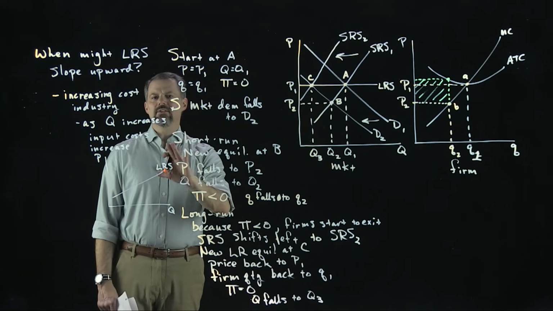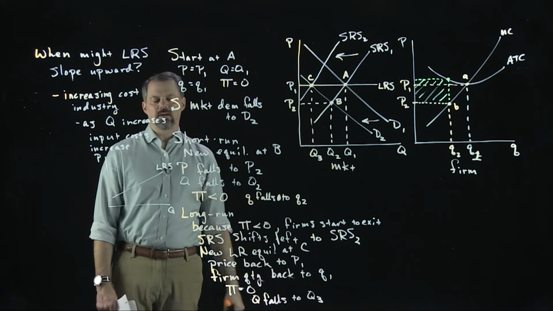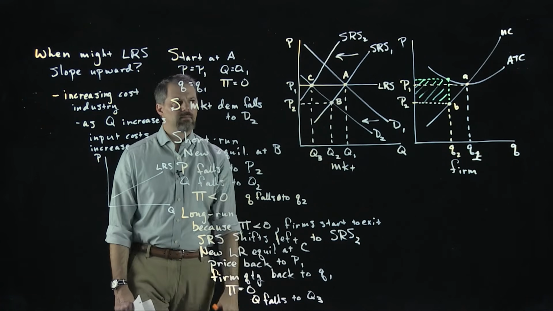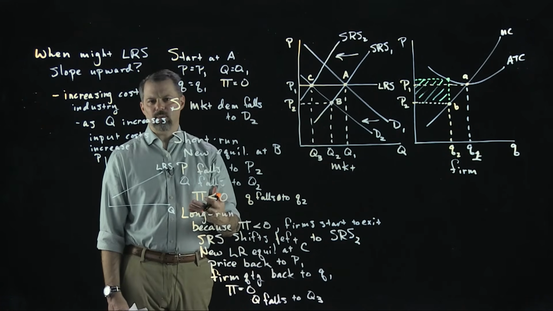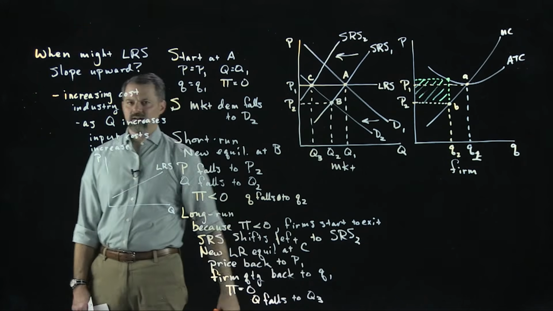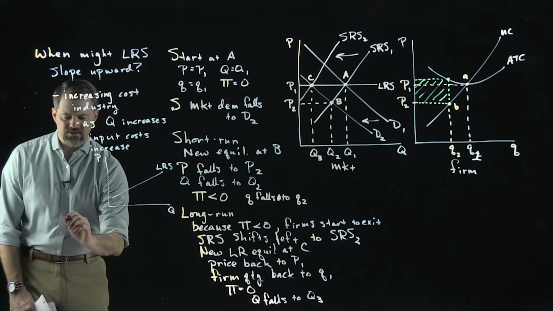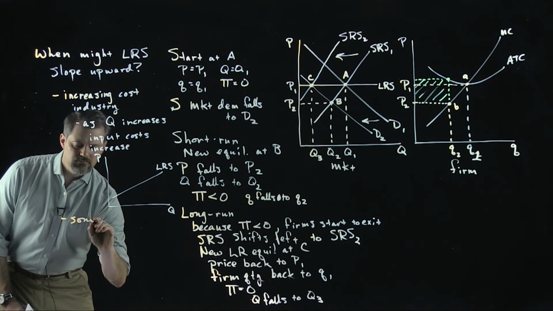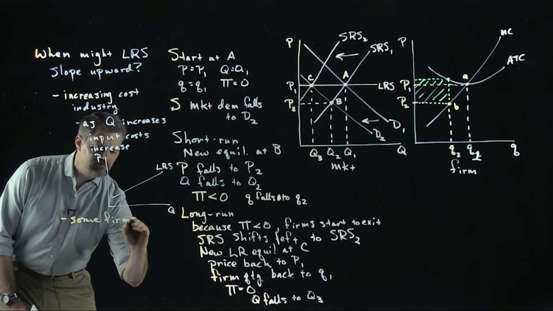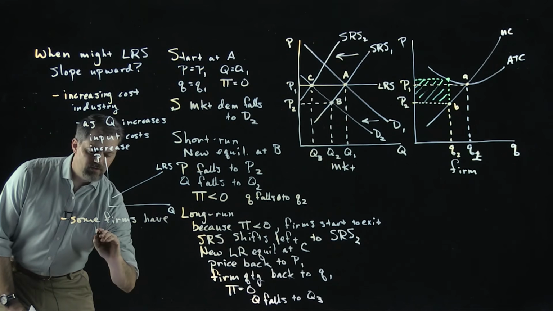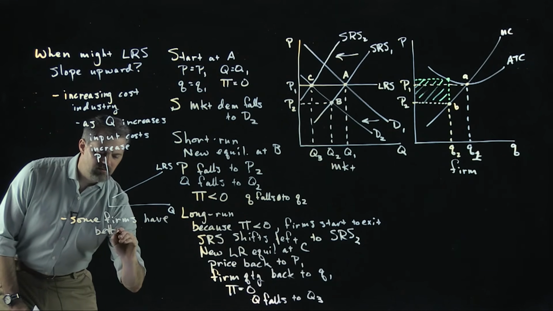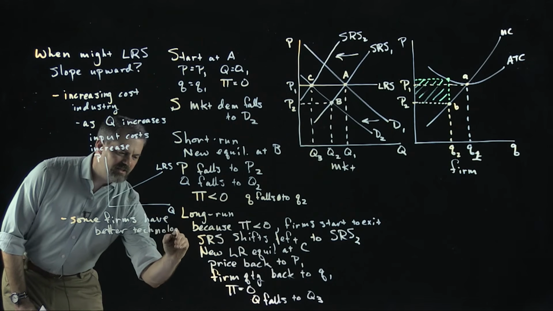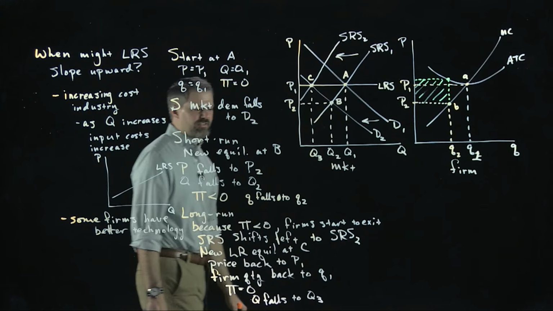If we relax either of those assumptions, the technology assumption or the assumption that they face the same input prices, then we can get long-run supply curves that slope upwards. So if some firms have better technology, then that can result in our long-run supply curve being upward sloping.